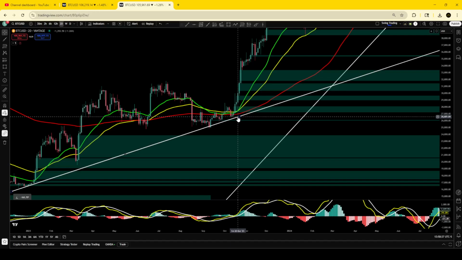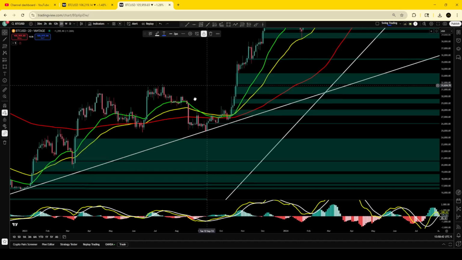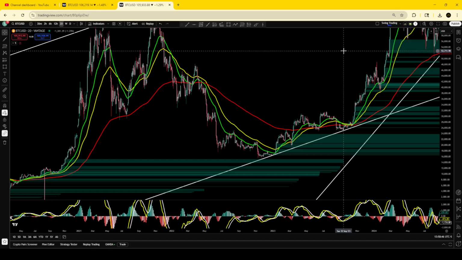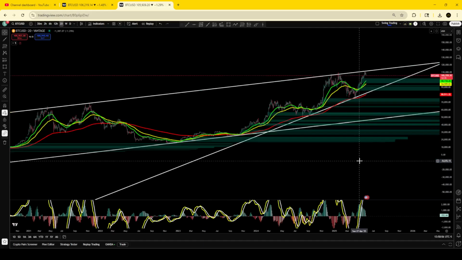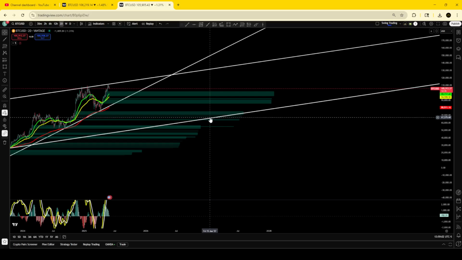All right. So now we got the macro of price action. Now we got an idea of what price is doing. There we go. Do I believe price is going to reach back over here?